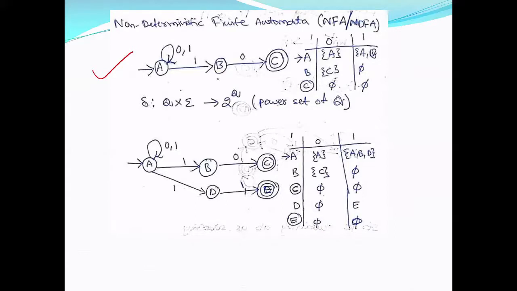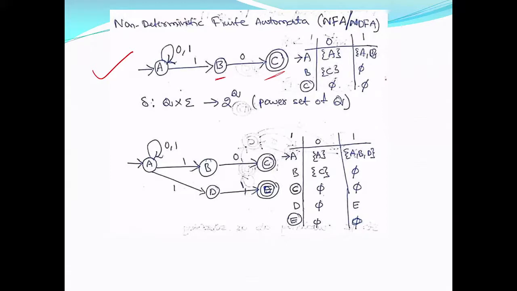And if you look at B, the transition on 0 is going to C, the transition on 1 is missing. Your input symbols are 0 and 1, but only one input symbol I am specifying. B on 0 goes to C. And if you look at C, there are no transitions at all on 0 or on 1. So your NFA is sometimes unable to decide to which state it has to go because it has multiple states, and sometimes there are no transitions at all.